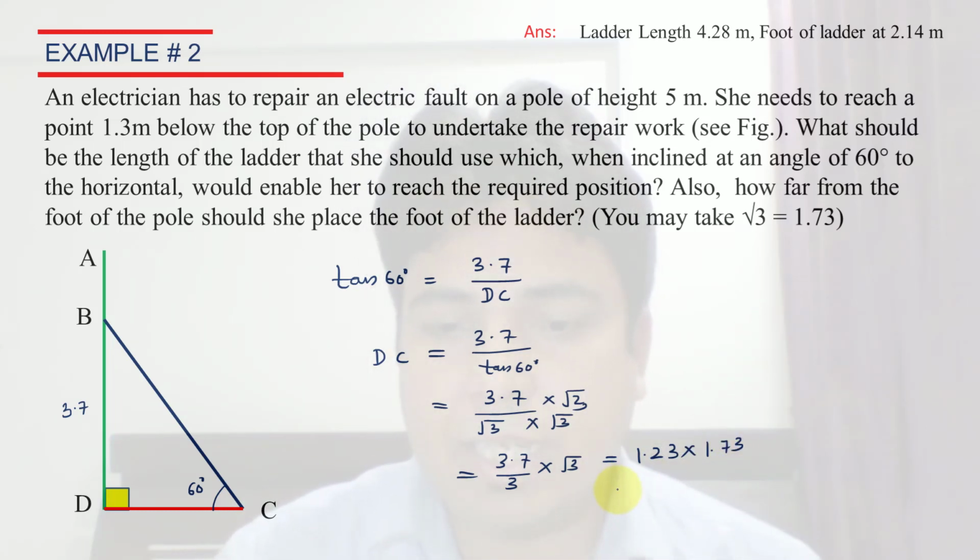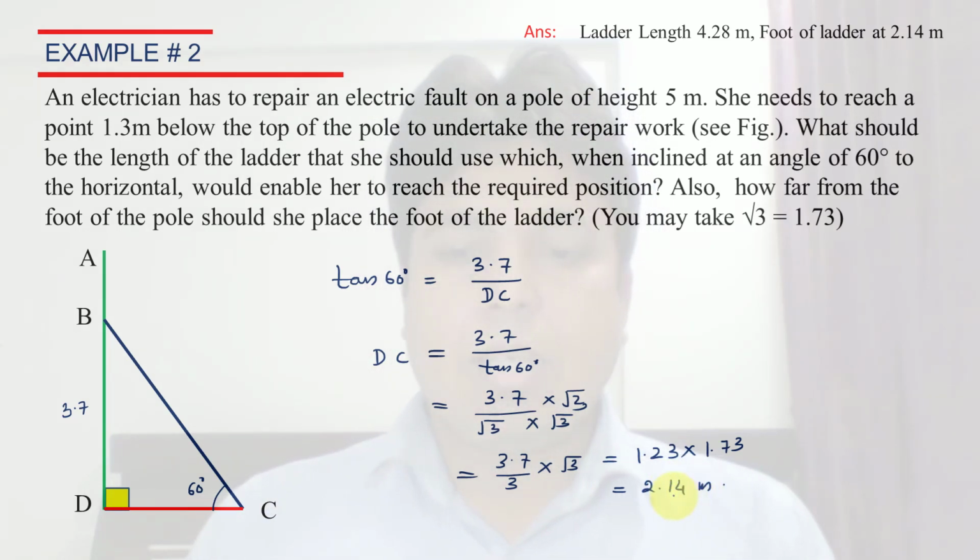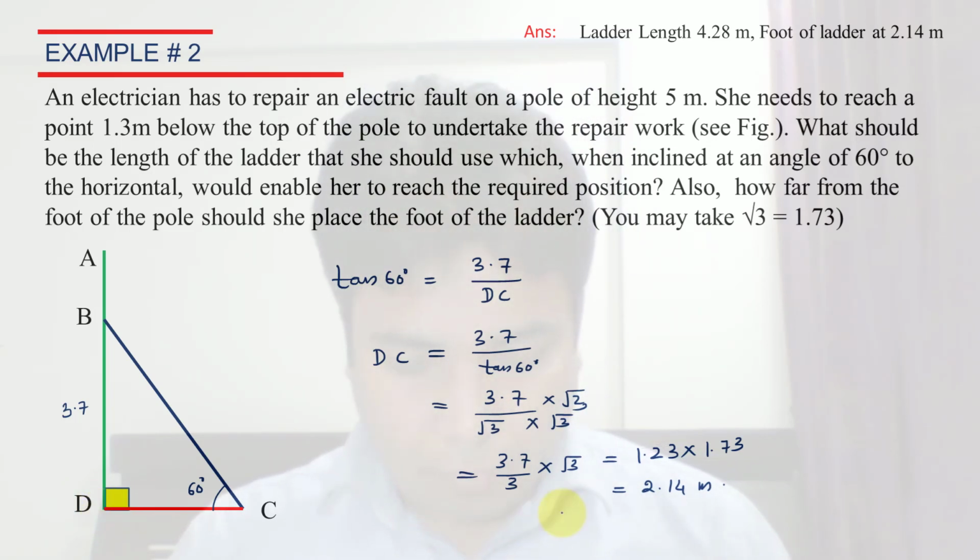Now if we multiply them, then you will get the value 2.14 meter. So this is the distance at which the foot of the ladder should be apart from the base of the pole. Let's move on to another example.